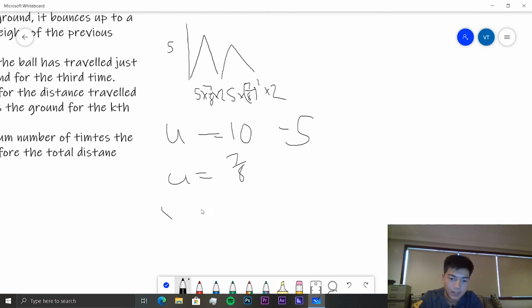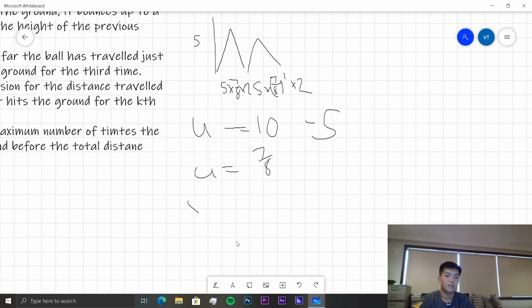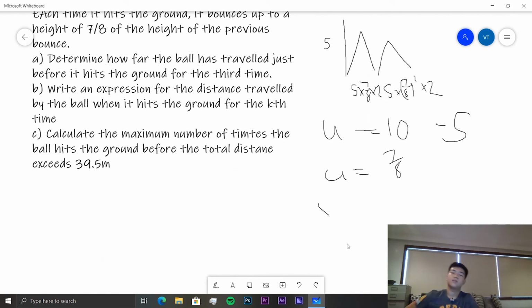So we have the first term, 10 over 1 minus 7/8. Wait, this is for infinite series though, so what can we do here? I mean, yeah, it will actually tend to a number. That's quite interesting.